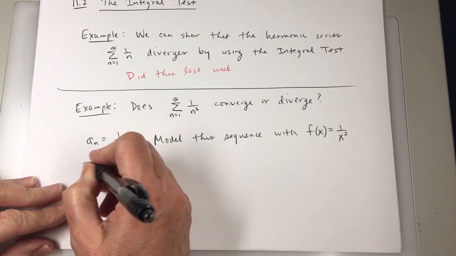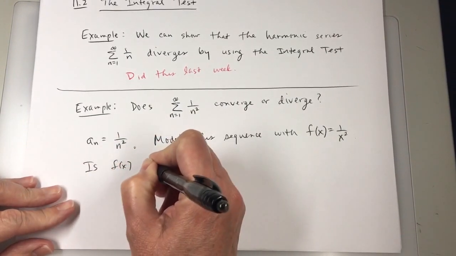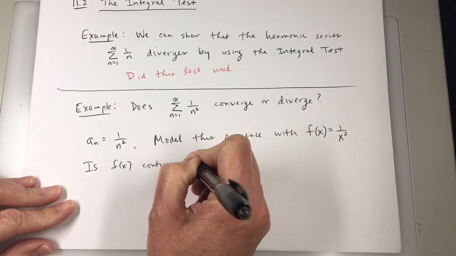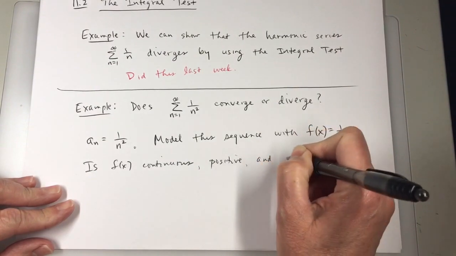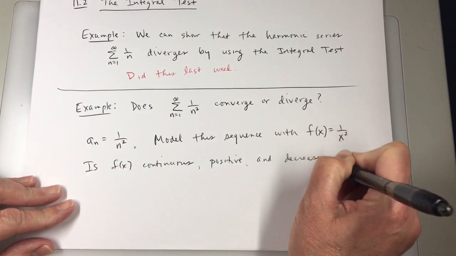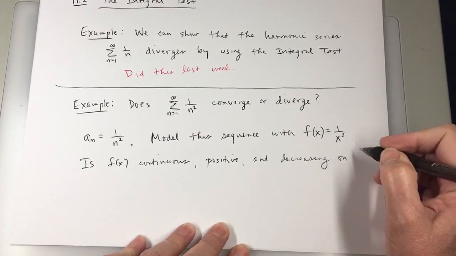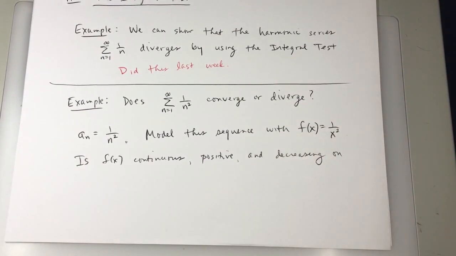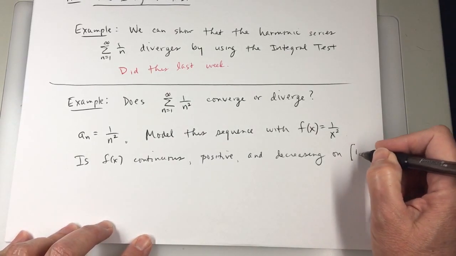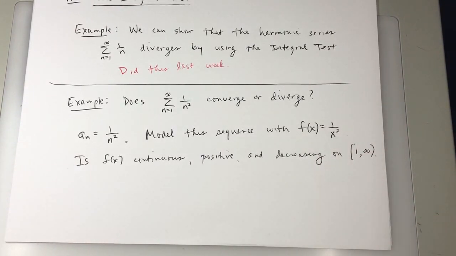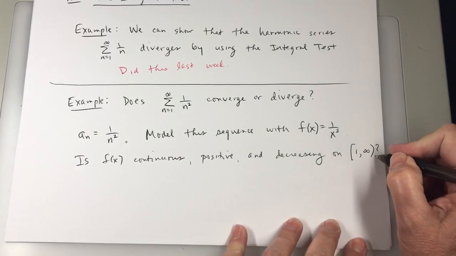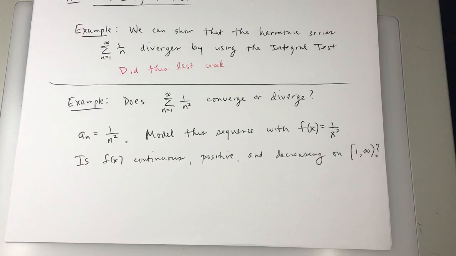So I will ask that question: is f of x continuous, positive, and decreasing on the interval from 1 to infinity? I'll use a bracket there, but I think I could use parentheses next to 1. I'll put my question mark. Okay, so if that's true, I can try the integral test.